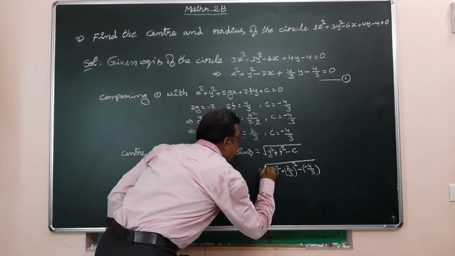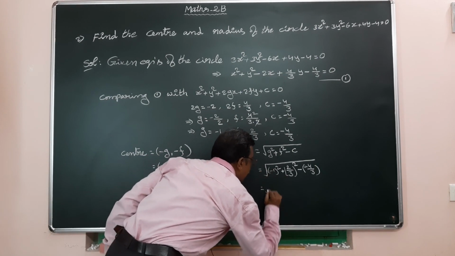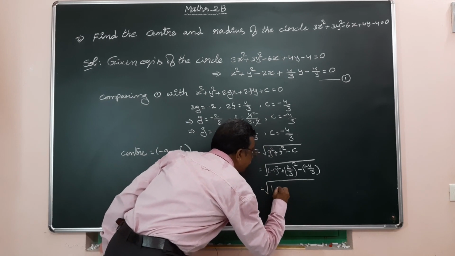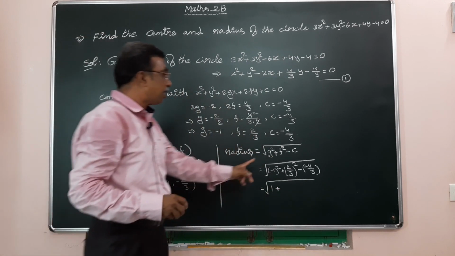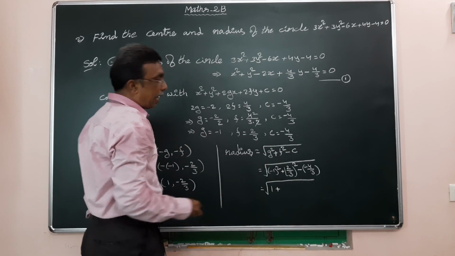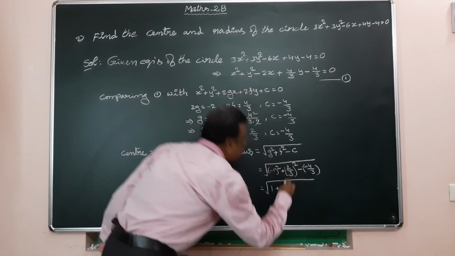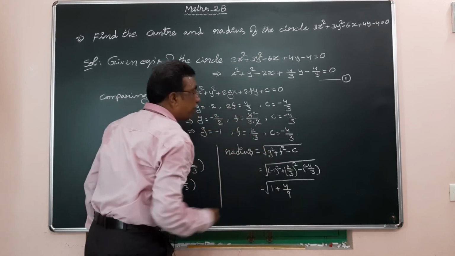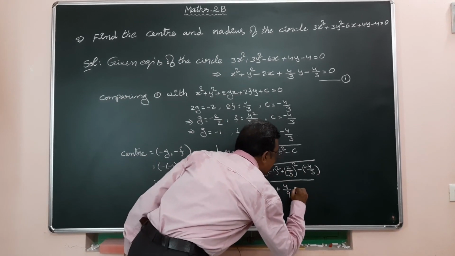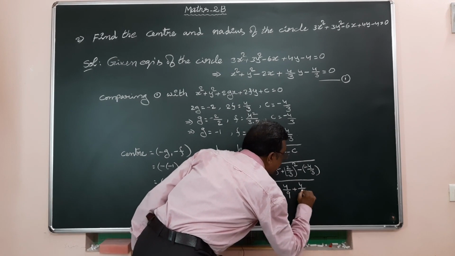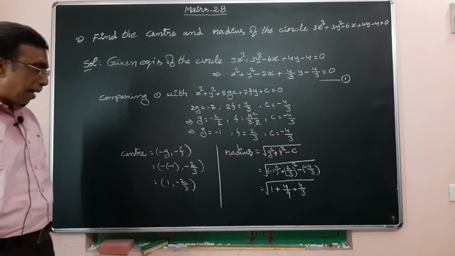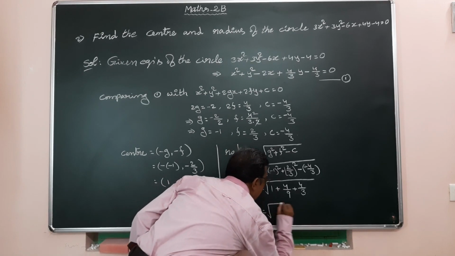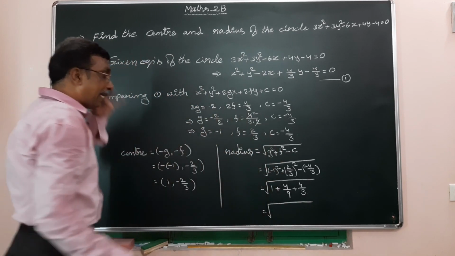Now simplify that. That equals square root of minus 1 whole square, 1, plus 2 by 3 whole square, 2 square, 2 2s are 4, by 3 square, 3 3s are 9, minus into minus plus 4 by 3. Now we take the LCM.